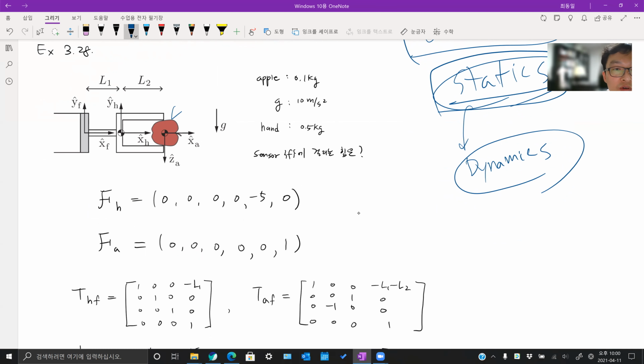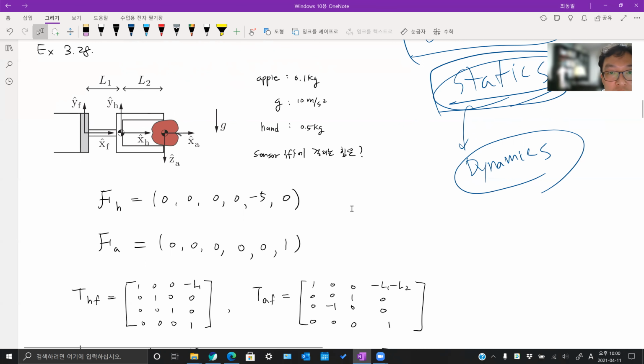Actually, there is an apple here, and there is a gripper here, and there is a robot arm here. In the middle of that, there is a force-torque sensor. This example is about how much force will be applied to this sensor due to this apple.